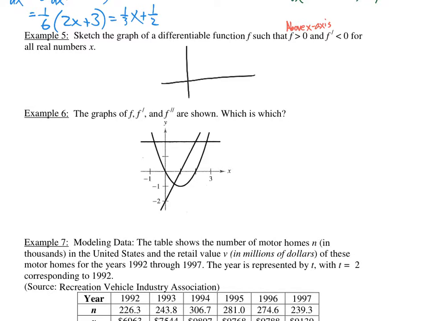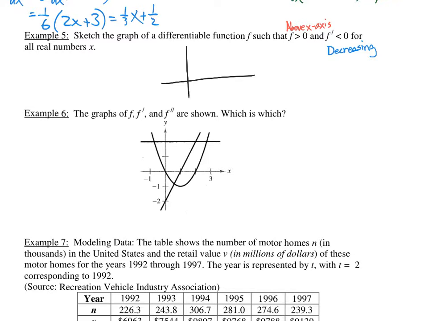However, f prime has to be less than 0. What does that tell us about our graph? It's negative. Okay, so the derivative is negative, which means our function is decreasing, right? So it's decreasing. Well, how are we going to be decreasing over the entire function, but still be above the x-axis for the whole function?